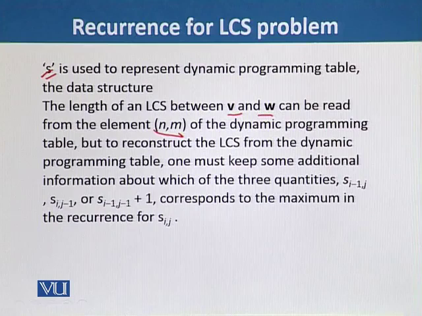But to reconstruct the LCS from the dynamic programming table, we can keep some additional information about which of the three quantities, S(i-1,j), S(i,j-1), or S(i-1,j-1) plus 1, corresponds to the maximum of the recurrence for S(i,j) we have seen in the previous slide.